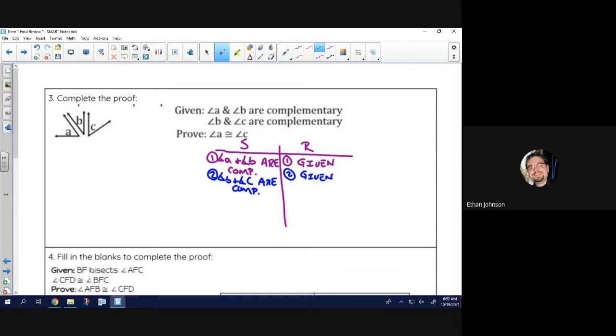And now something that I notice in both of these given statements is they both have angle B. So since they both have angle B, since those parts are congruent, the other parts have to be congruent then. So I can say angle A is congruent to angle C, because that is what's called the congruent complements theorem.